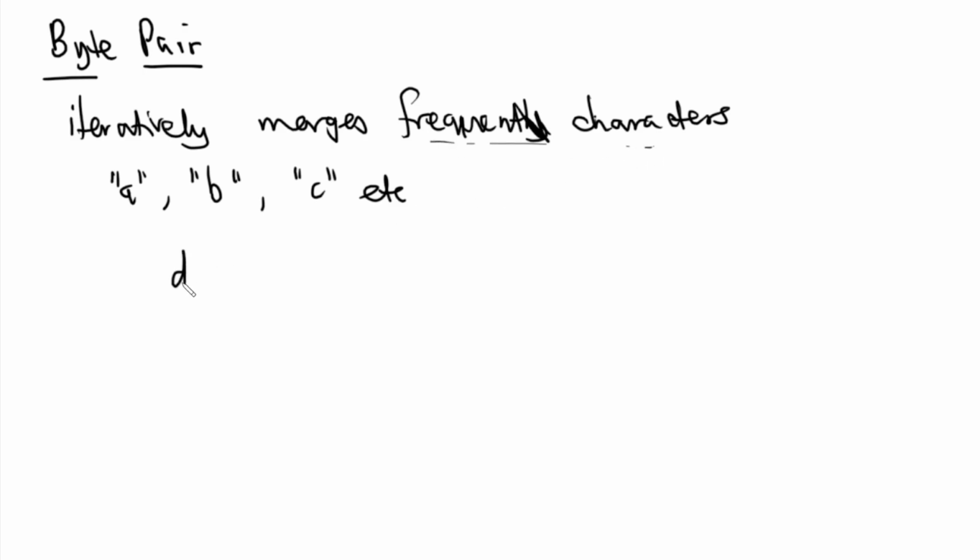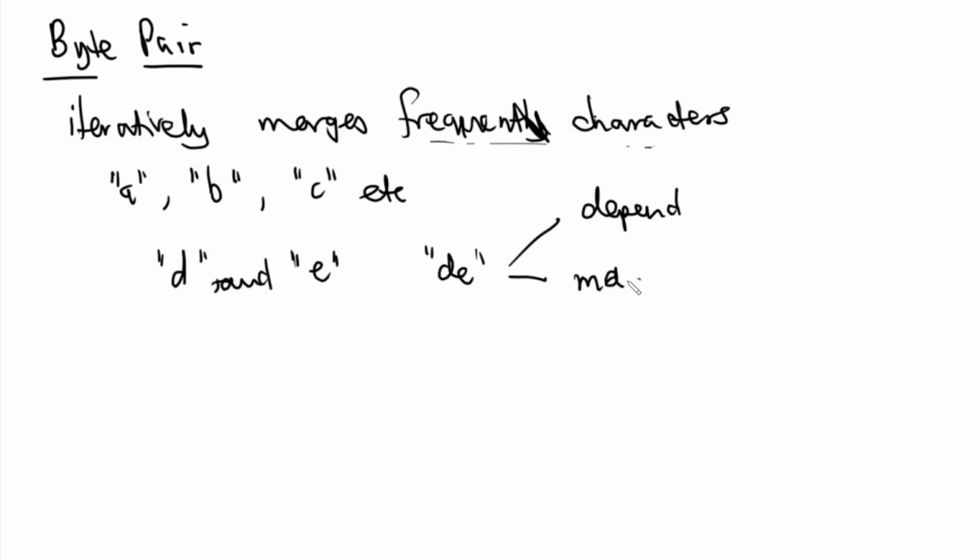So, for example, it might merge D and E, because in the English language, D and E often appear together as DE. In words like depend, made, define, because these are frequently appearing words in English, it sees DE as a frequent combination.